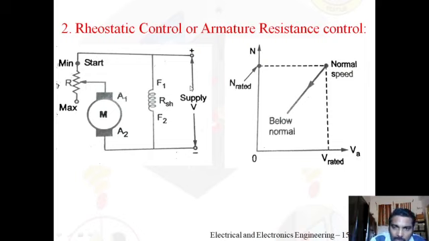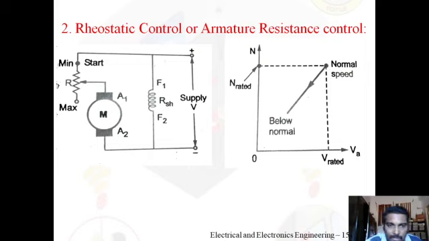Now, if I further increase the value of resistance, the voltage decreases further, and as the voltage decreases further, the speed of the machine also decreases. You can observe in the graph that the armature voltage decreases linearly with increase in the external resistance connected in series with the armature circuit.